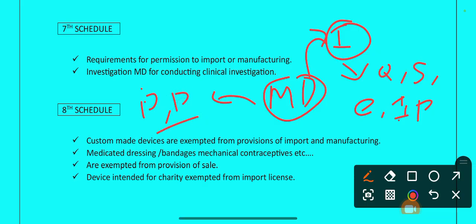So it is mainly observed in medical devices. Okay, so this is conducting clinical investigation of a medical device. Why conduct clinical investigation in medical devices? Proper checking follows in the seventh schedule. Okay, this is the function of the seventh schedule in the Medical Devices Rules 2017. Okay, clear.